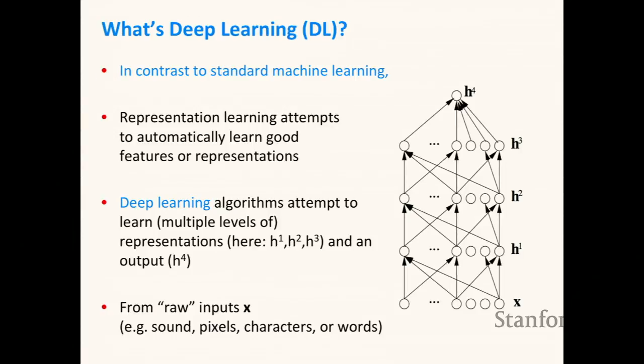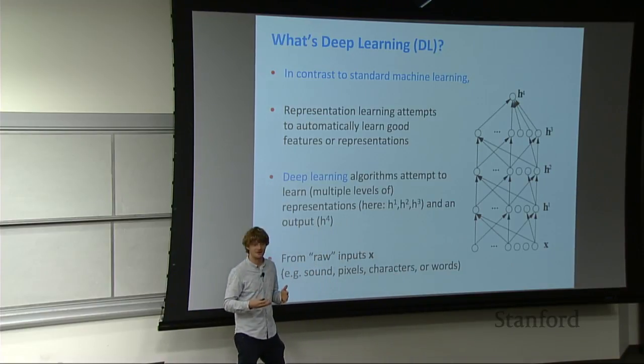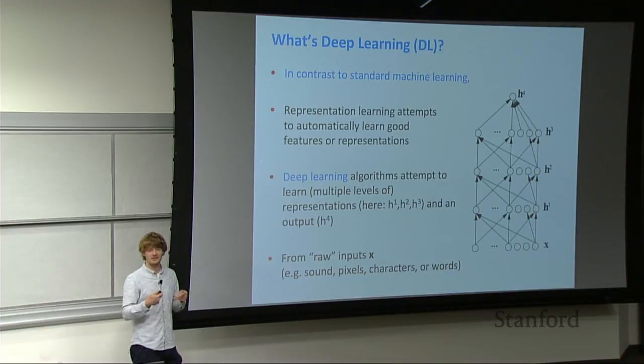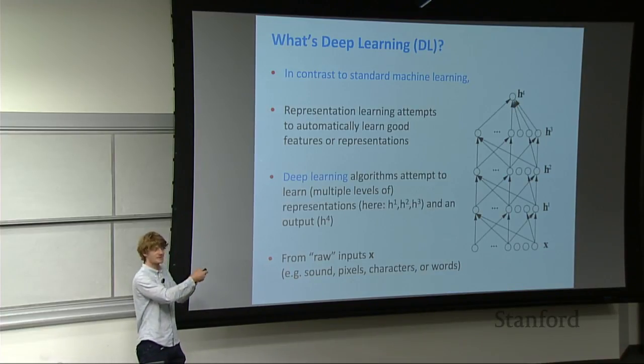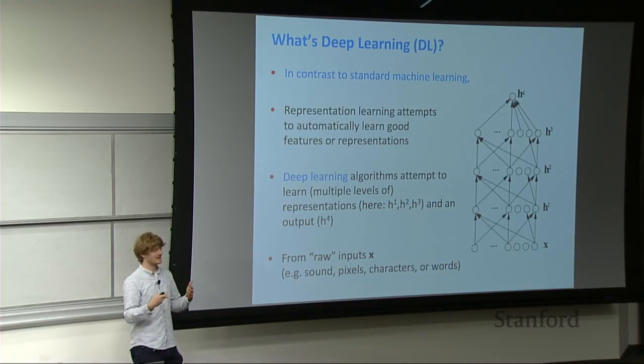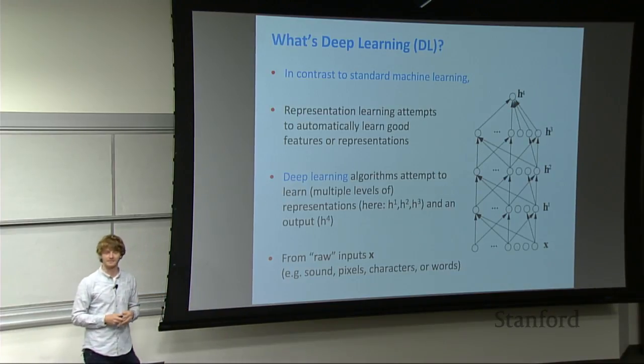And what does that mean? Well, ideally, we have as raw of an input as possible. So the raw inputs could be just pixels. They could be characters. In fact, we can now have machine translation systems that literally just look at a sequence of characters in one language, and they learn to output a different sequence of characters in another language. They don't even have a sense of what a word is, and they're still able to translate quite accurately.